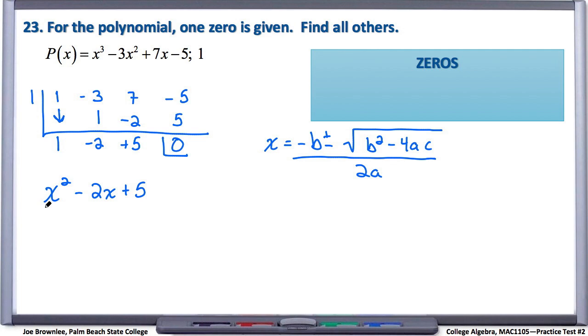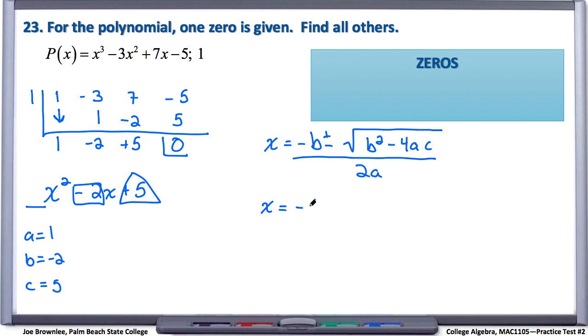And based on the quadratic here, we can see that a is positive 1, b is equal to negative 2, and c equals positive 5. So we're going to take these three values, plug them into the quadratic equation, and see what happens.